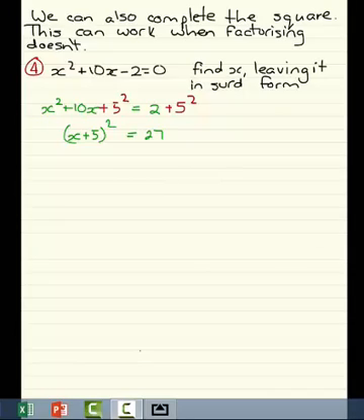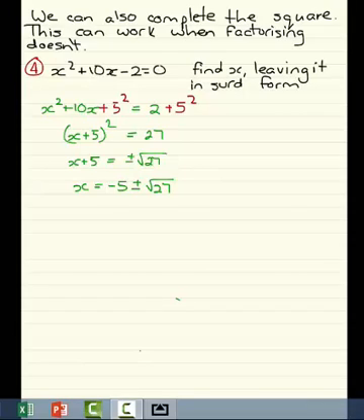Then you use the fact that, well, if x plus 5 all squared is equal to 27, then x plus 5 must be equal to plus or minus the square root of 27. You've got to take into account the negative. So if x plus 5 is equal to plus or minus root 27, then x is equal to minus 5 plus or minus root 27.